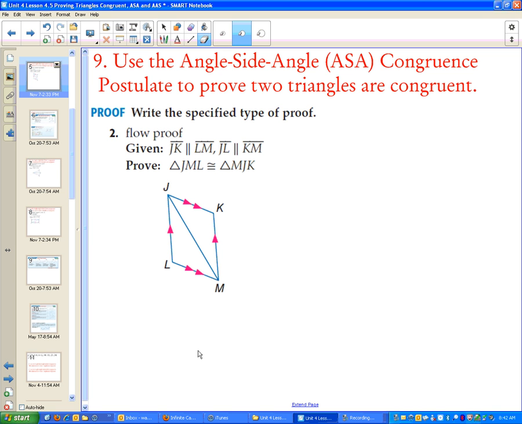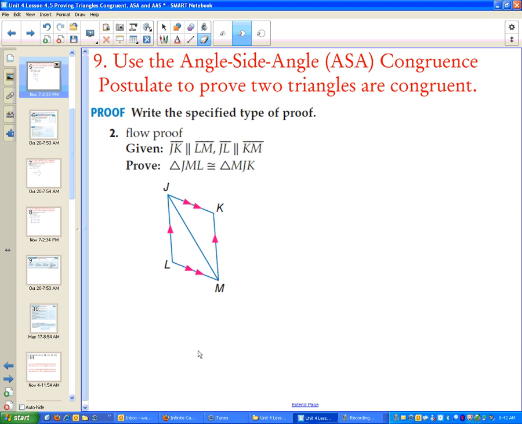Now, when I see parallel lines, I know what I think of. When you see parallel lines, do you think of transversals and a bunch of different angle pairs that might be congruent? Yeah, that's what I think of too. That's what you need to think of. All right, and they've already got it marked on the drawing here for us.